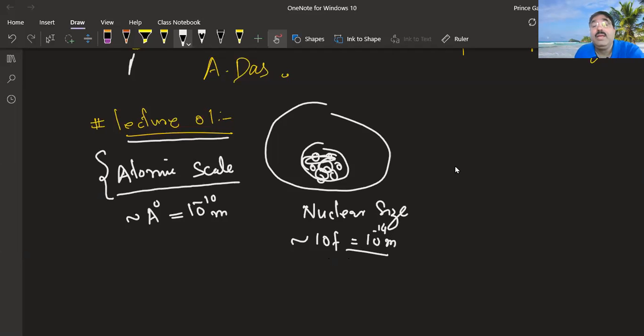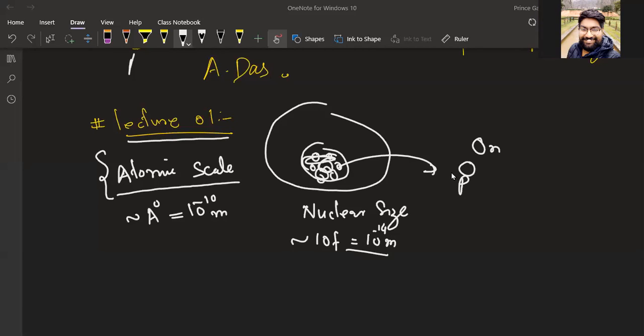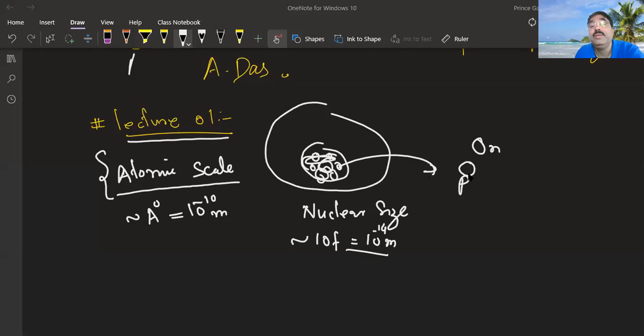Okay. Then inside the nucleus, we have protons and neutrons, the two fundamental elementary hadrons which make up the nucleus. The proton, as we understand, is a very stable particle, and the neutron in the free state would decay into proton and the electron or whatever, I mean positron.